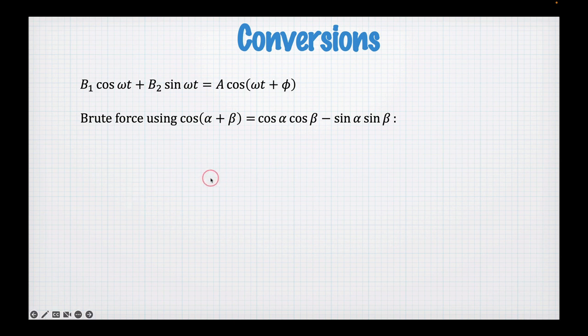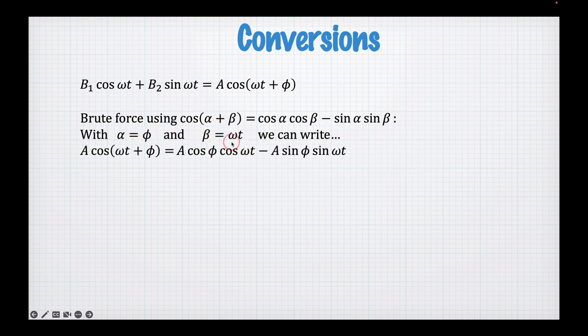So let's use this trig identity here, which is going to contract this product of cosines and sines subtracted into a single cosine function. We'll obviously replace alpha with phi and beta with omega t, which means that we should be able to write A cos(omega t plus phi) as this difference in sine and cosine products here.